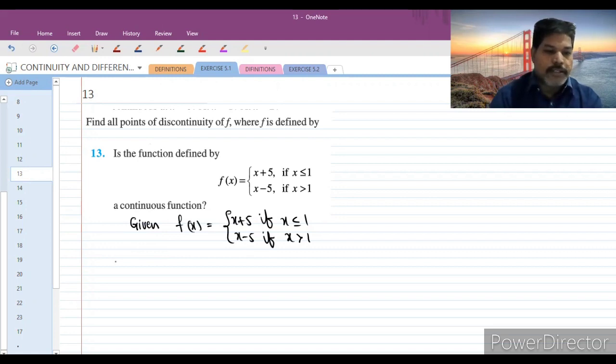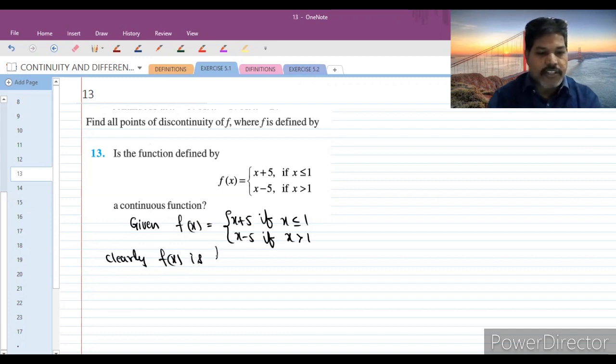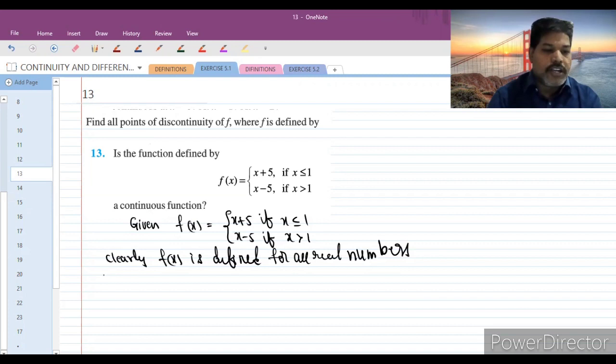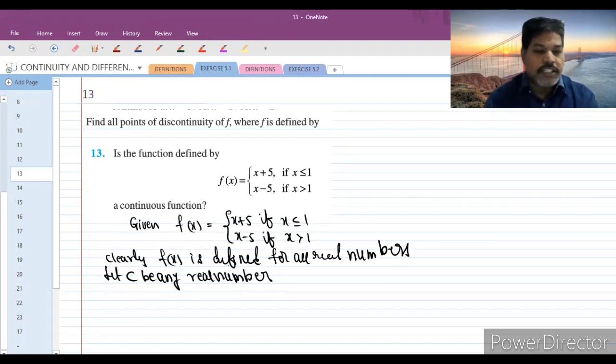So then what we will take: clearly, f of x is defined for all real numbers, and let c be any real number.